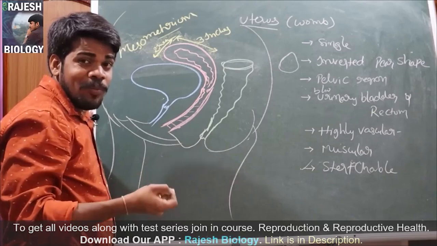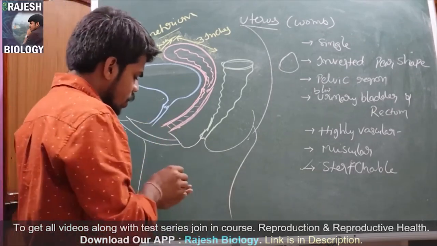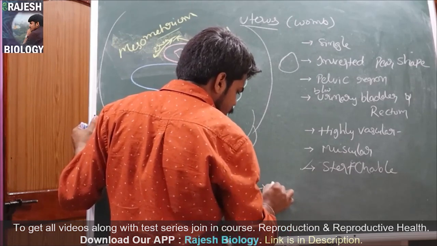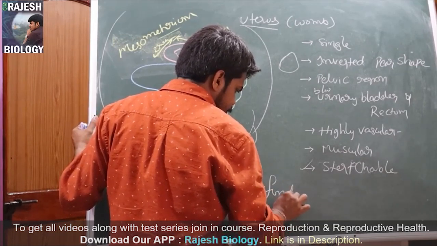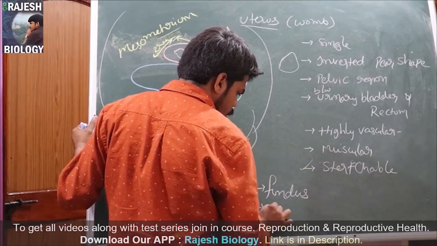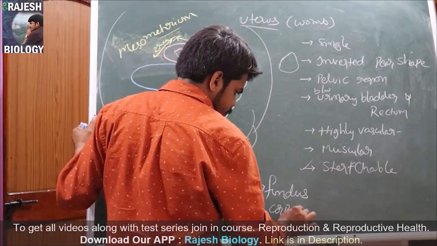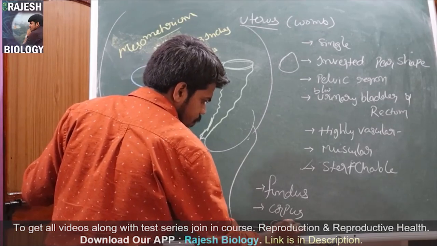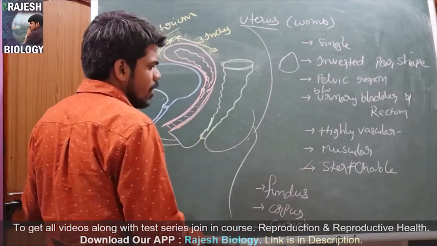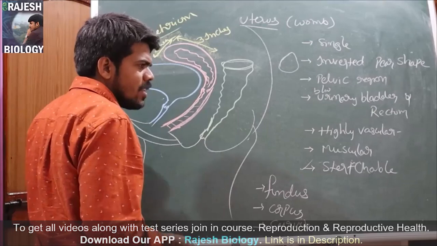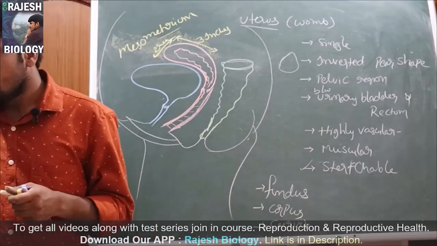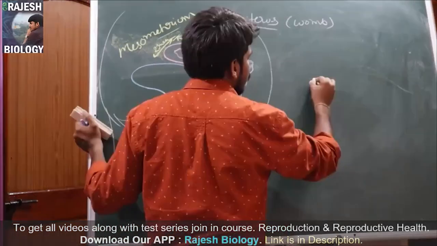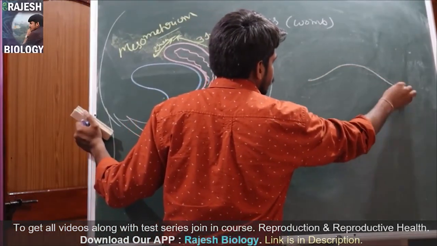Now we'll discuss parts of the uterus. Uterus contains 3 parts mainly. That is fundus, corpus, and cervix. What is fundus, what is corpus, and what is cervix? We will discuss now. So first I'll erase this and I'll draw here one diagram. This is the female reproductive system.